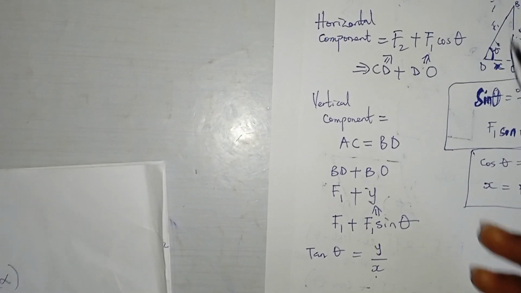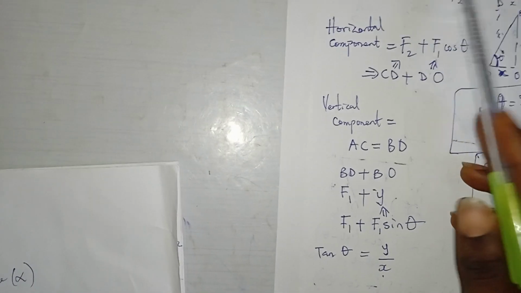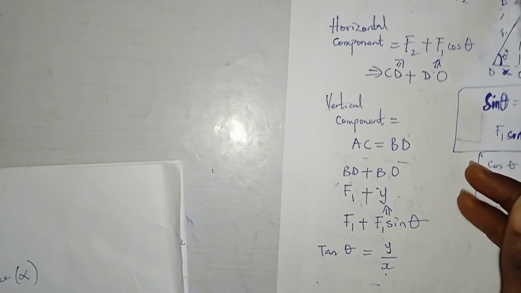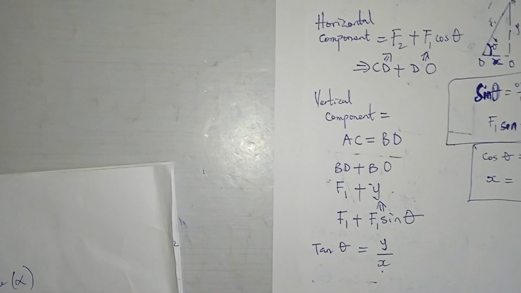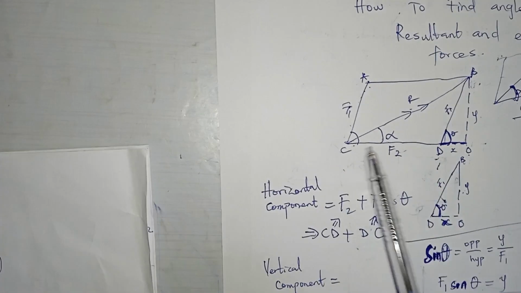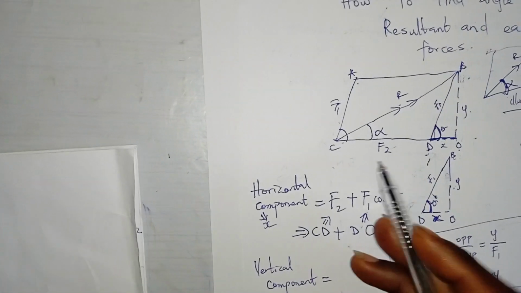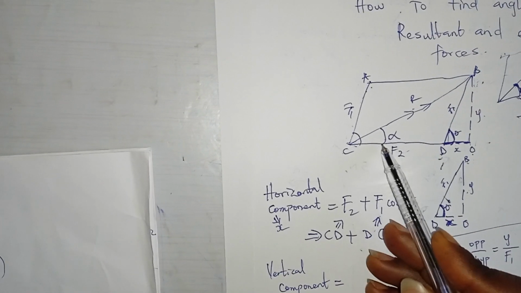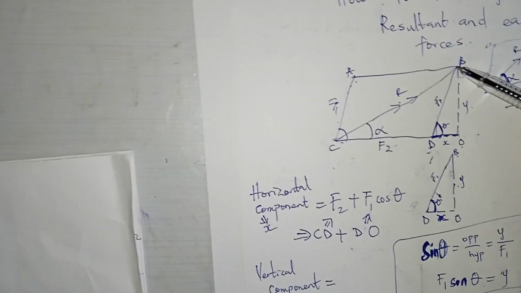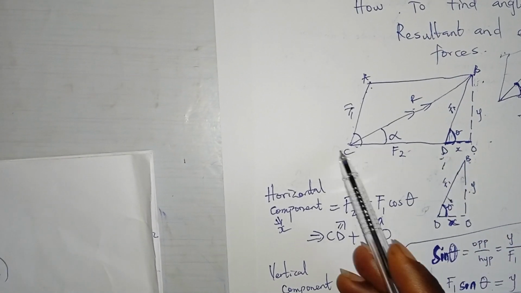Our x is equal to everything on the horizontal components. Horizontal component equals x. There is no angle on this horizontal component. Notice that this one is at an angle, but everything here is totally horizontal.